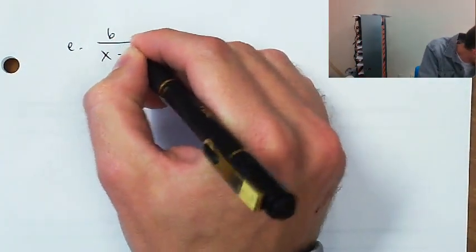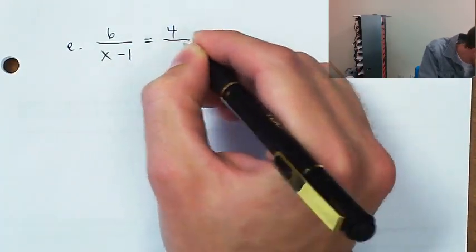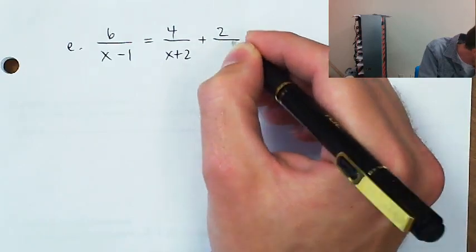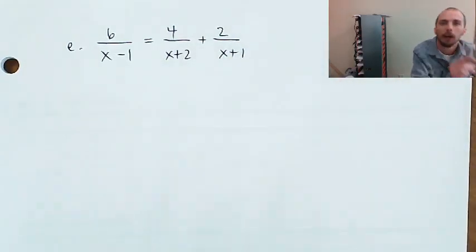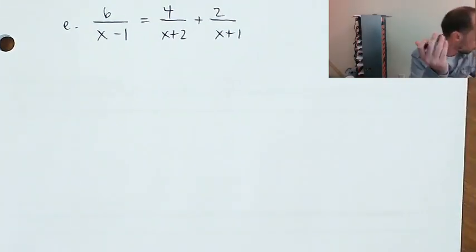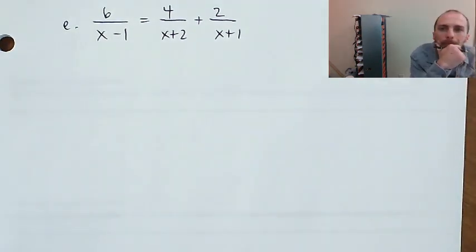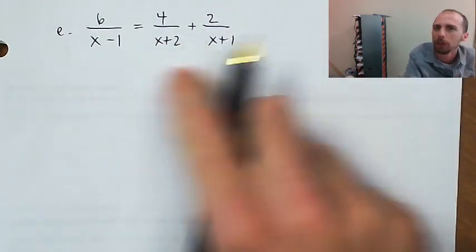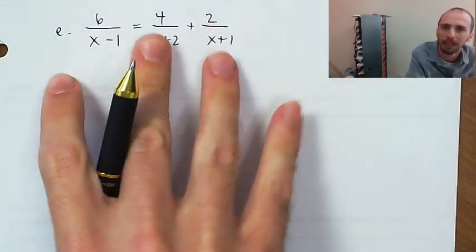6 over x minus 1 equals 4x plus 2 over x plus 1. All right, yeah, I recognize these because I saw a few of these out there. You know that 6 is equal to 4 plus 2. And somehow if we're having different denominators, it's going to be really hard for 6 to equal 4 plus 2 in this way.